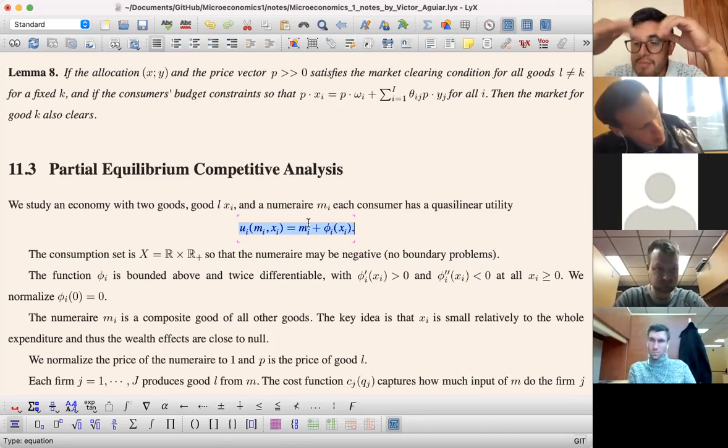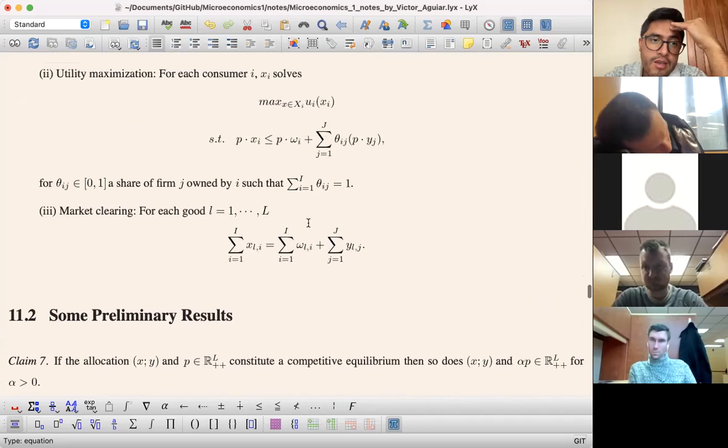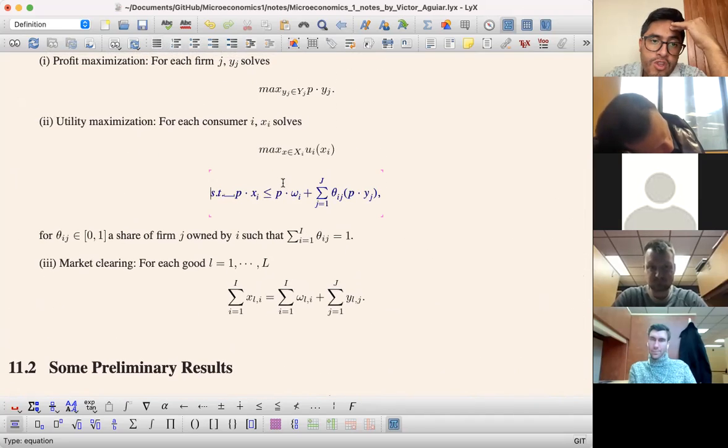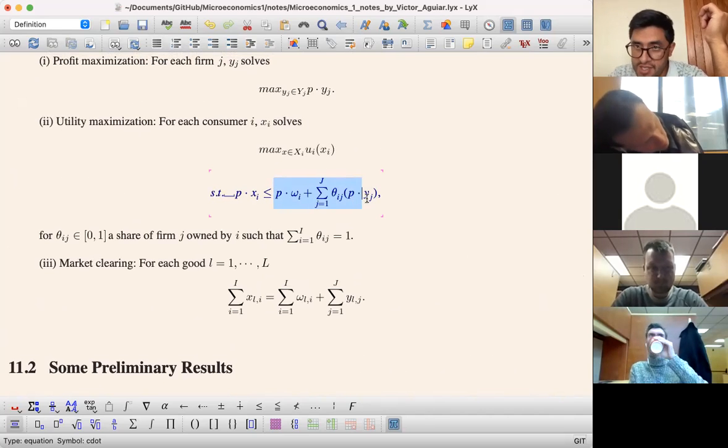And doing that, it will simplify a lot my competitive and market equilibrium analysis, because I will not have to deal with this complex object here in condition 2, where I have to endogenize the income and know the shares of your ownership of different firms, the profits that these firms make, and of course, how much you get from selling your endowment.